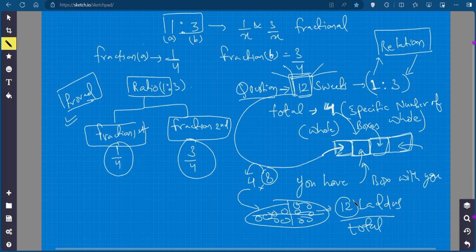This is why I can't divide my laddus in 4, 4, because it's already divided. You have a total. Just find 1 by 4th of the whole. 1 by 4th will be your part. This is what you can keep. This is your answer.